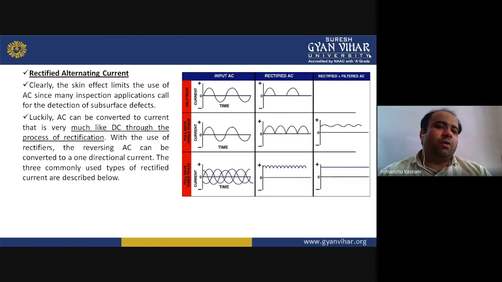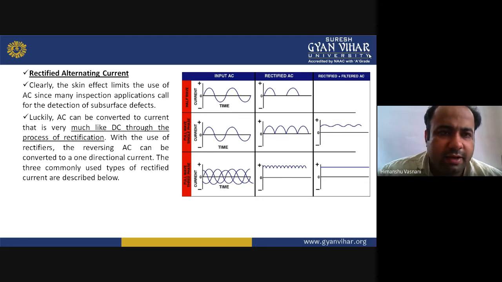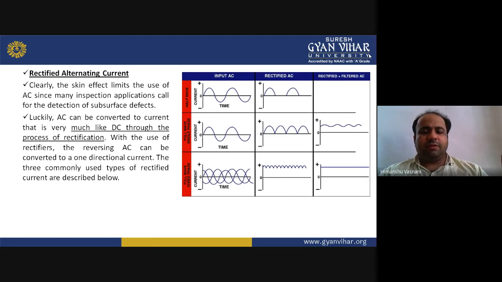Now, rectified alternating current. Clearly the skin effect limits the use of alternating current, since many inspection applications call for detection of subsurface defects. Alternating current can be converted to current that is very much like direct current through the process of rectification, hence the name rectified alternating current.